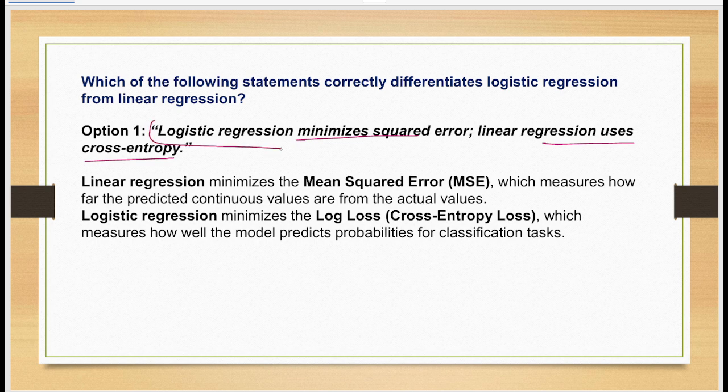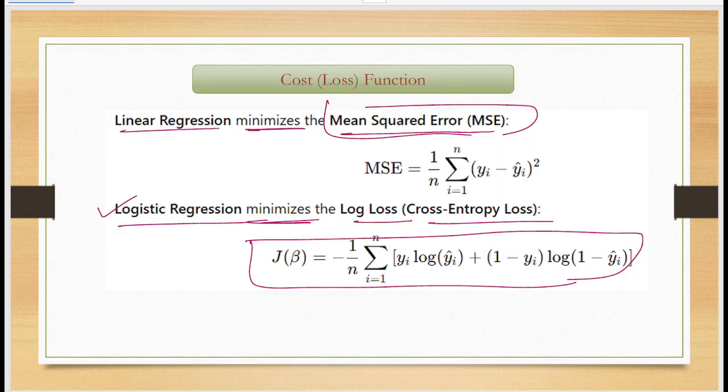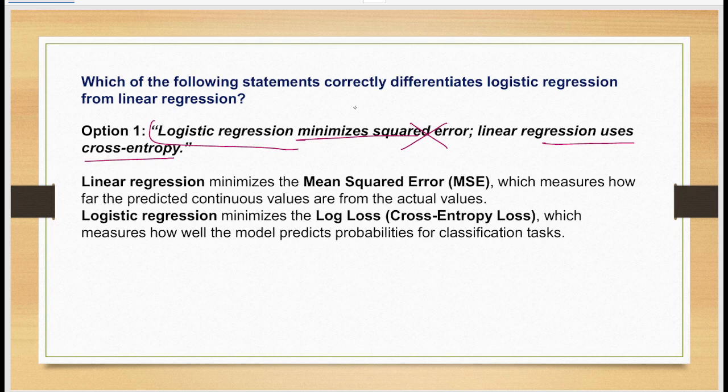Logistic regression minimizes not the squared error but the cross entropy, and linear regression minimizes the squared error. So this will be a false option.